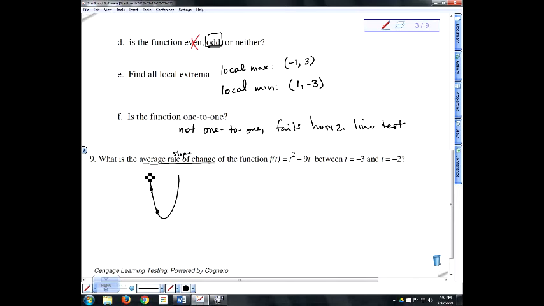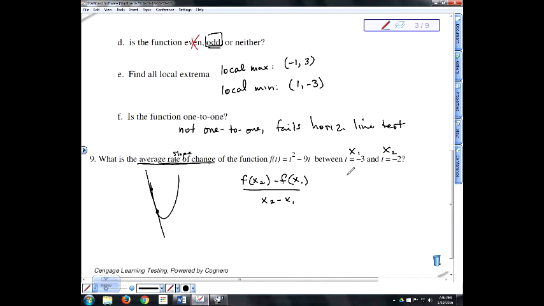If we connected those 2 points like that, the slope between them would be the average rate of change. Now this can be done graphically or algebraically. A more precise way would be algebraically, and it's just a slope formula, f of x2 minus f of x1 all over x2 minus x1, where this could be x1 and that could be x2.